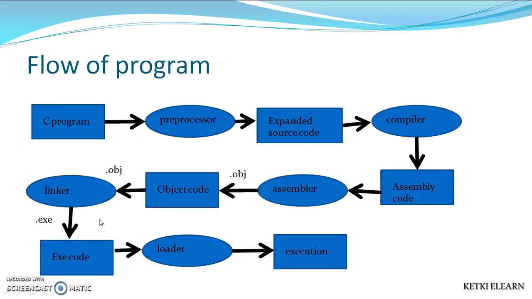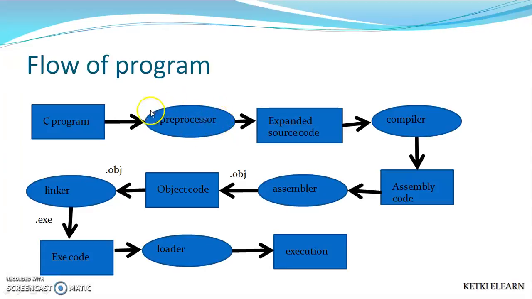Next, this is the flow of a program from a C program to the execution of that program. We'll see how it will proceed. The user writes a C program and that C program is given to the preprocessor.